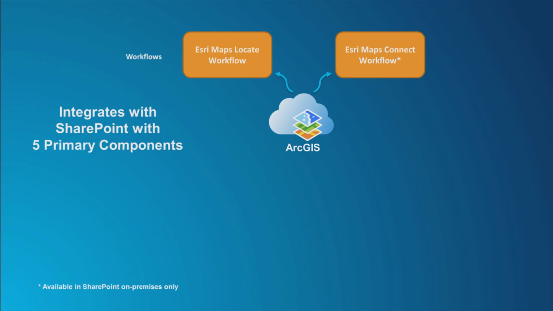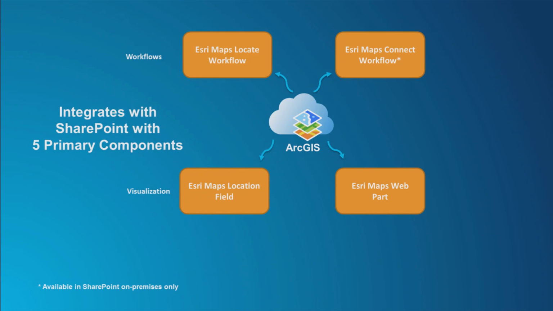We provide the geocoding workflows. SharePoint lets you create custom workflows, so we create Esri custom workflows that work on top of lists to geocode lists and generate coordinates or geometries to bring the spatial data from ArcGIS Online to SharePoint. And those geocoded results will be permanently saved in your SharePoint environment.